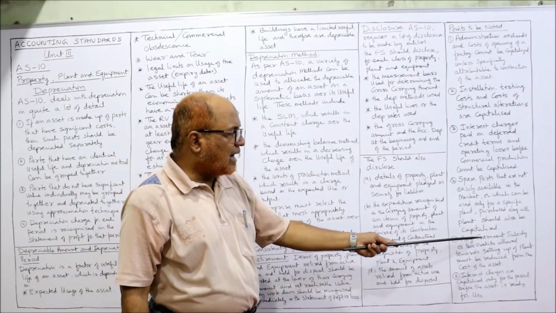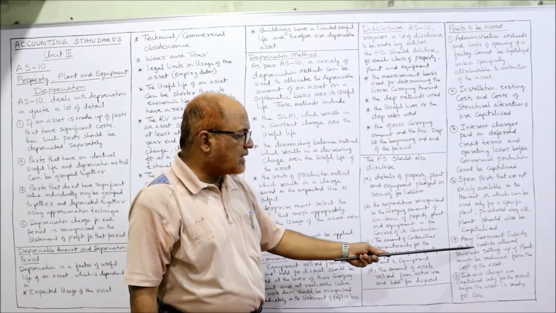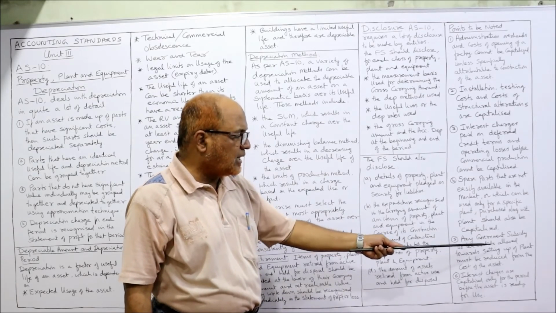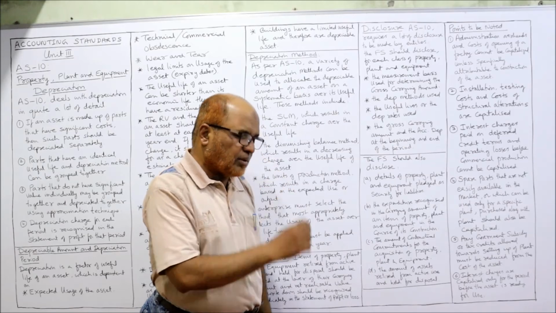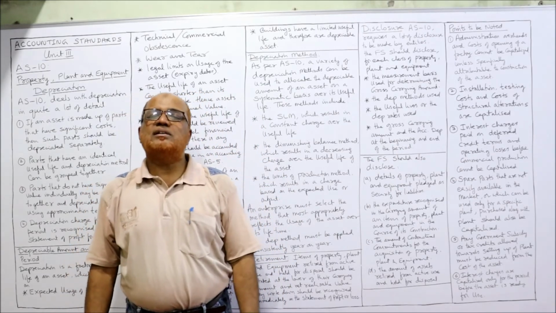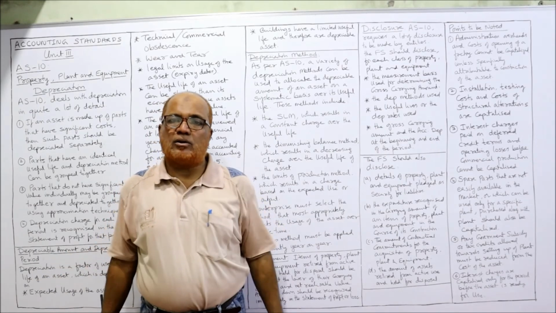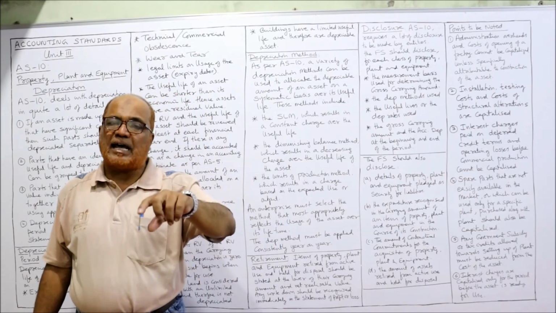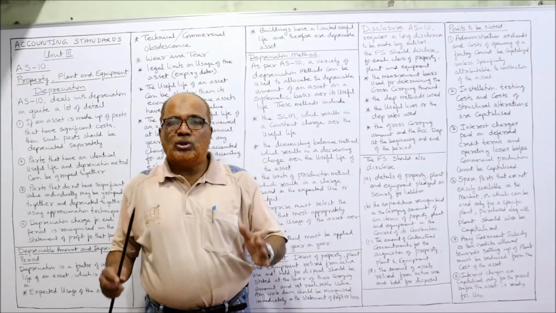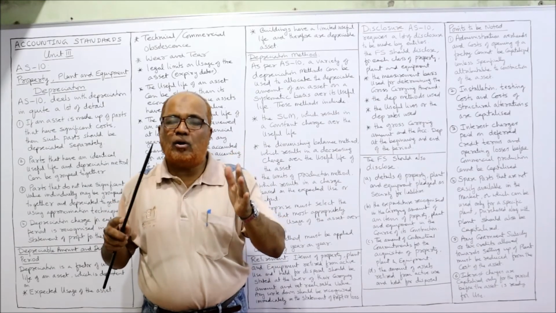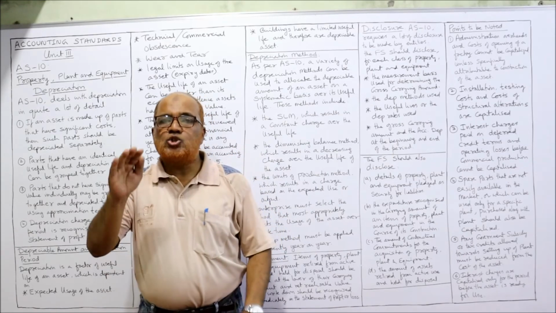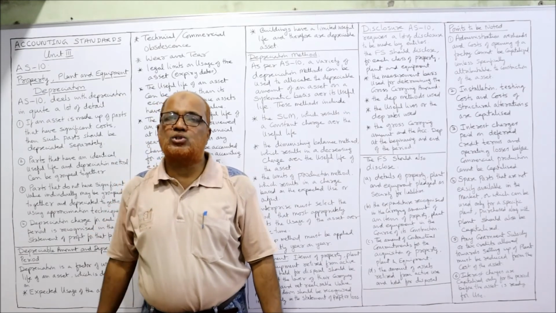Next one, any government subsidy or tax credit allowed towards setting up of the plant must be reduced from the cost of the plant. In some cases, the government will give a subsidy on purchasing the plant or some tax rebate or tax credit. This government subsidy or tax rebate should be deducted from the cost of the plant.